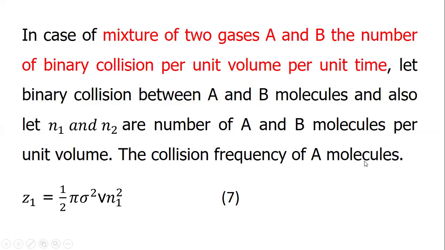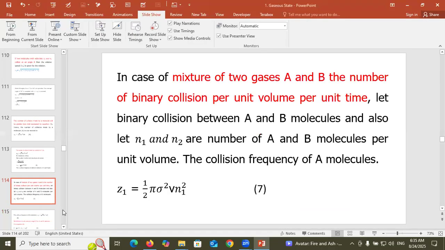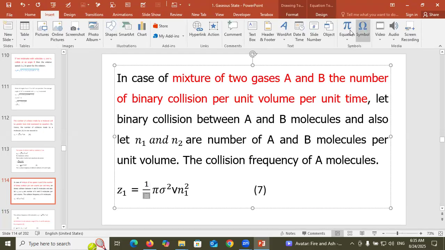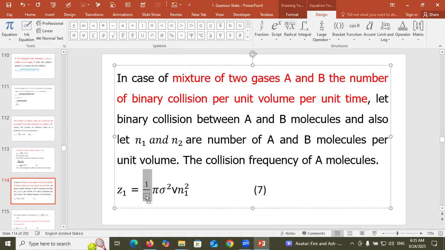The collision frequency of A molecules is Z1 equals 1 over root 2 pi sigma squared v n1 squared.